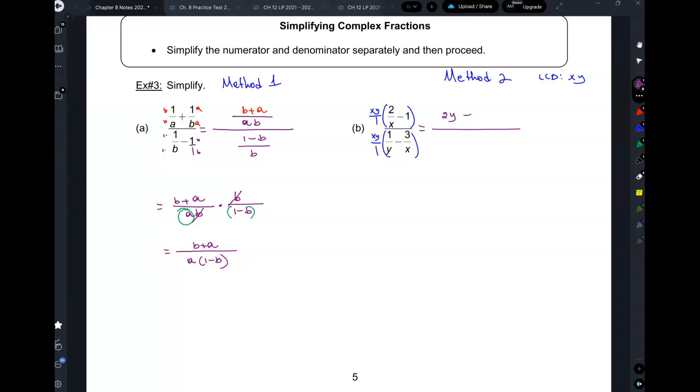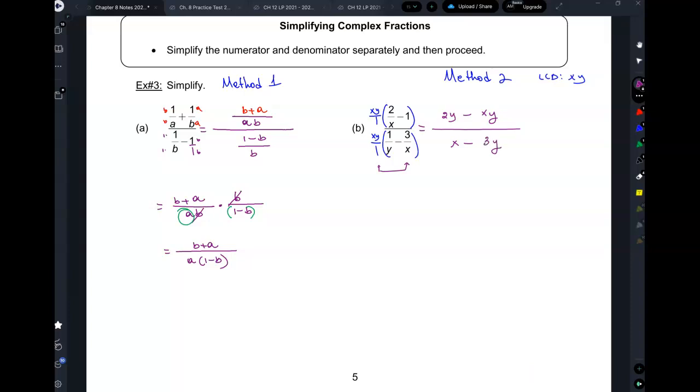Minus, now this times the negative 1 will be negative xy. You see how the fraction went away? Now, multiply this with this. What do you get? x. Minus, multiply this with the 3 over x. What do you get? 3y.